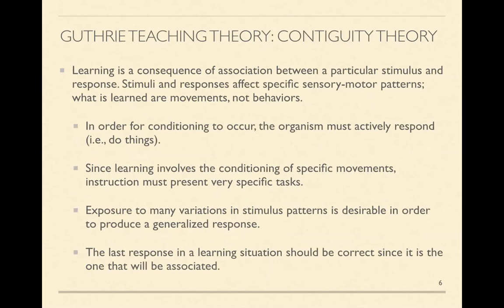I'm going to get into a couple of the teaching theories. Guthrie's teaching theory, or contiguity theory, basically proposes that learning is a consequence of association between particular stimuli, so things that excite us or interest us, and our responses to those, and how stimuli and responses affect specifically sensory motor patterns. So our instinctual behavior or instinctual reaction to things.